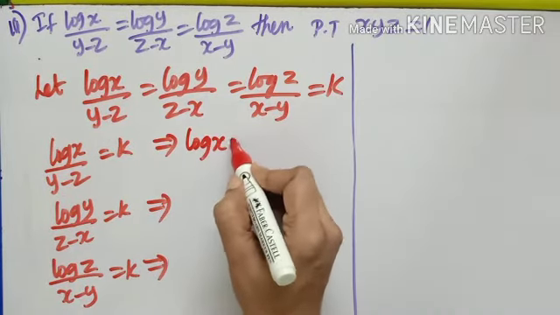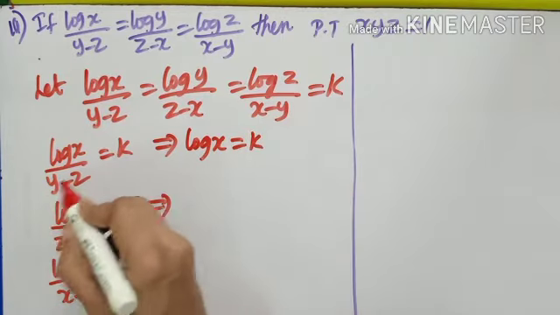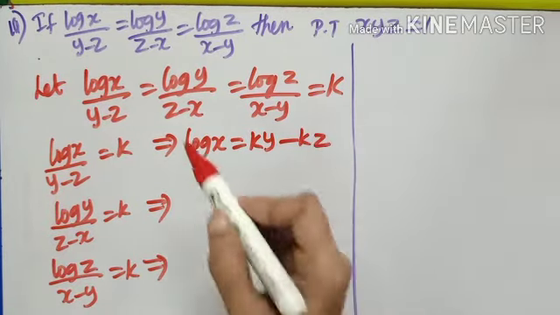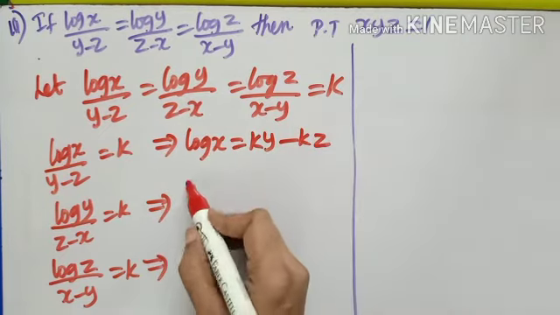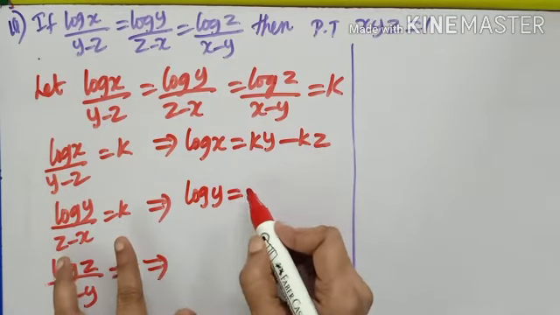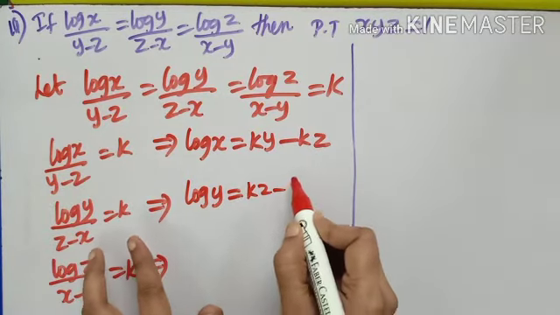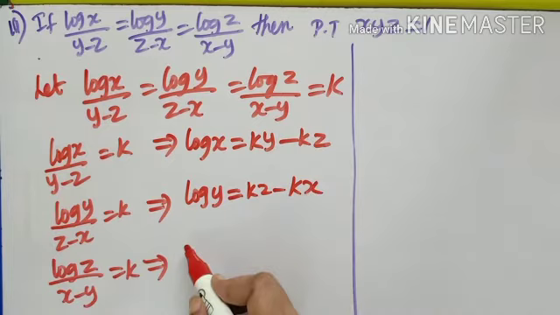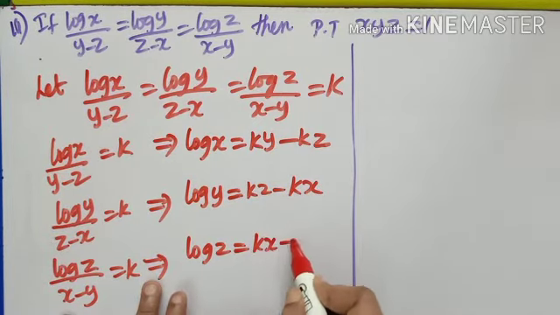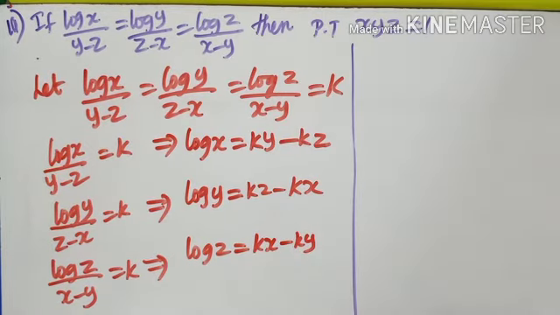I get log x is equal to k into y minus k into z. The second equals k tells me log y equals k into z minus k into x. The third one tells me log z equals k into x minus k into y.